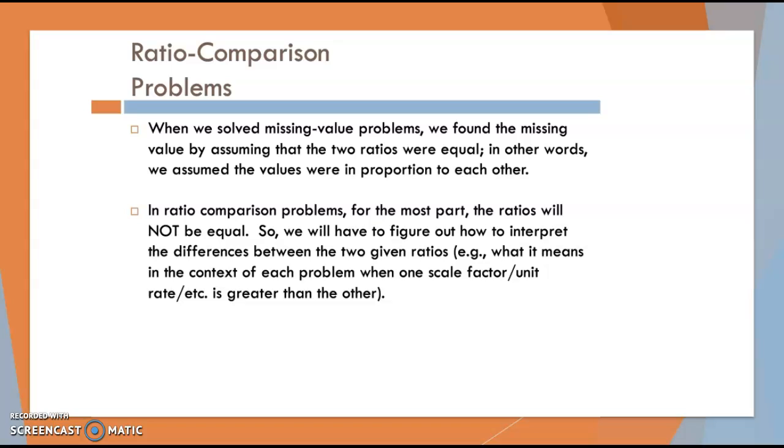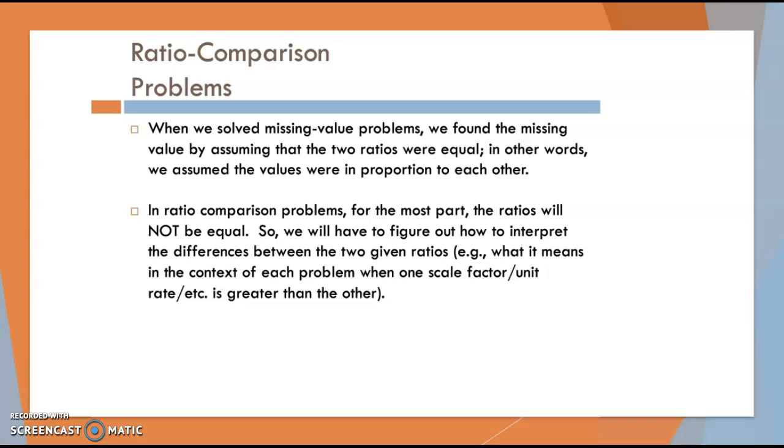When we solve missing value problems, we found the missing value by assuming that the two ratios were equal. In other words, we assume the values are in proportion to each other. In ratio comparison problems, for the most part, the ratios will not be equal.